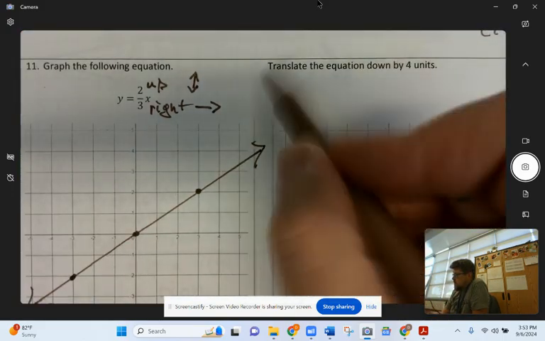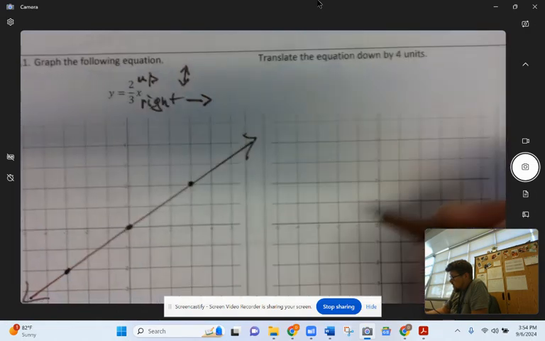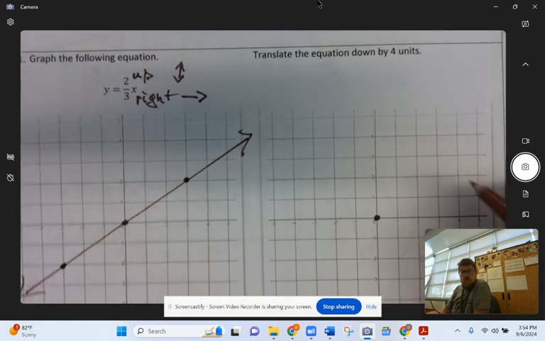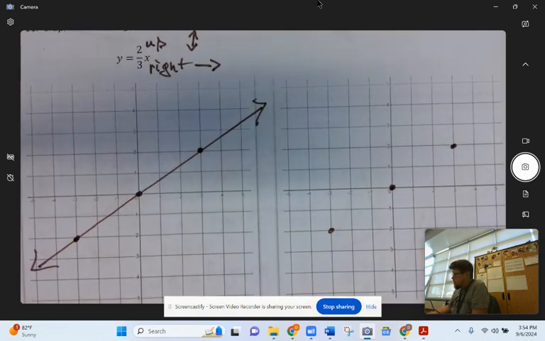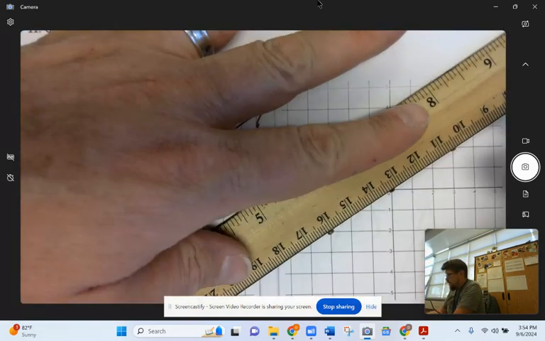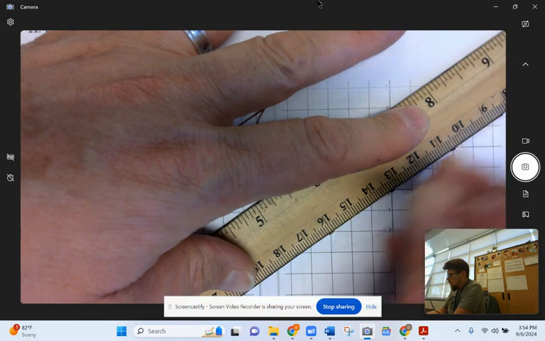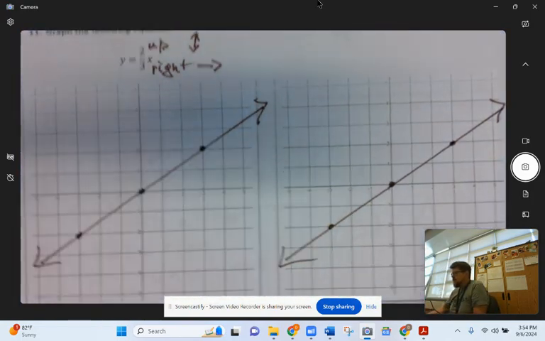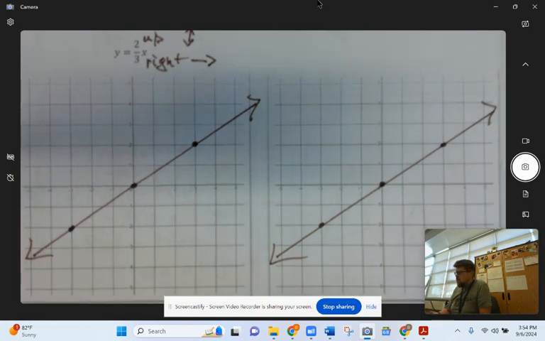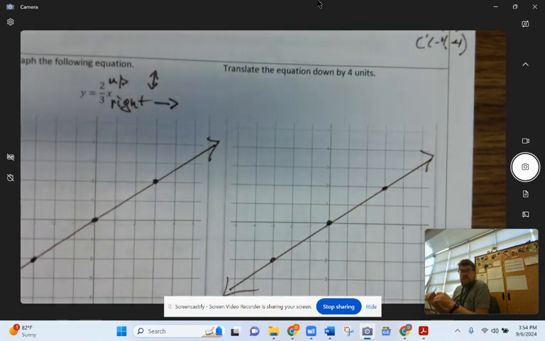Now what we're going to do is translate the equation down by 4 units. Like I said, I didn't need 2 graphs for this, because it's just extra work. So this is the original. You can put it on one graph; you don't need to duplicate it. And then we're going to translate the equation down by 4 units.